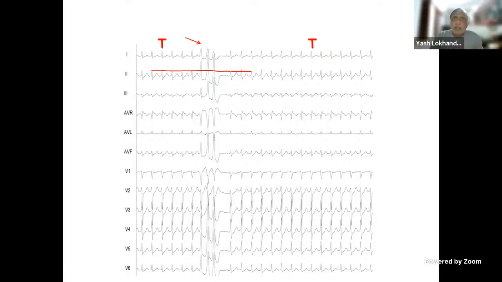Now, Dr. Tripathi, you have again disappeared. We are discussing your possibility. So now we assume that it can be any of the 3. It has terminated and it has restarted. So how do you explain how it has restarted? What is the mechanism of tachycardia in your hypothesis?